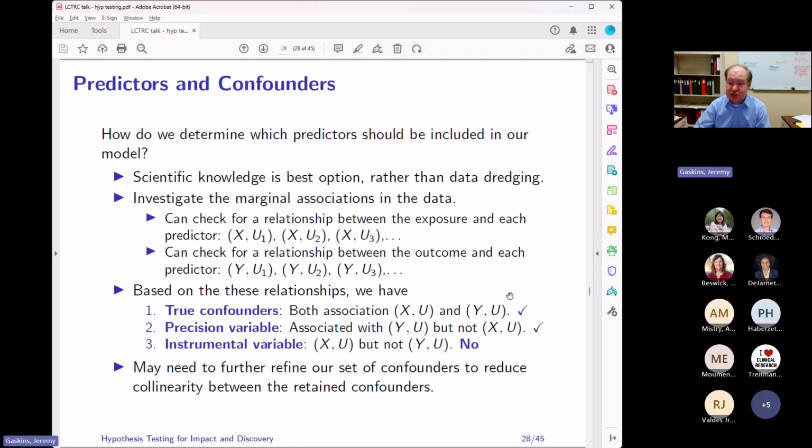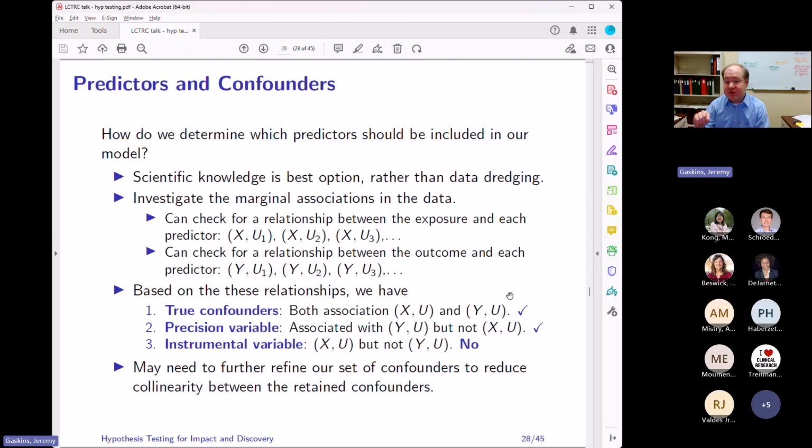Based off of those relationships, either as estimated from the data or from my scientific knowledge, the predictors that I want to include in my model are what we call the true confounders: predictors that have an association both with the exposure and with the outcome. Again, those are critical to including in our model.